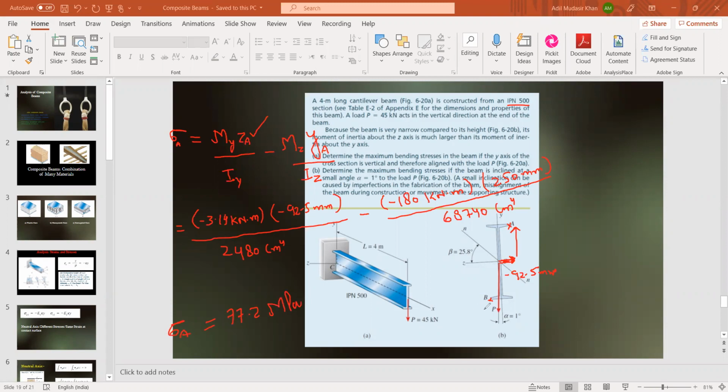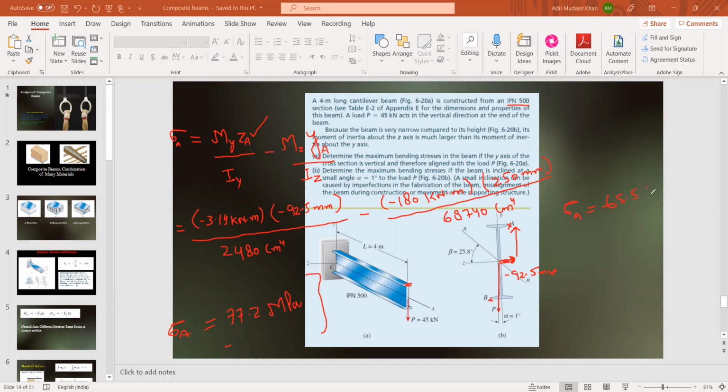The stress at point B will be the same as the stress at point A, but with a minus sign. Here it is tensile, here it will be compressive. Look what is happening. Initially, when the beam was not inclined, the stress at point A at the top surface was equal to 65.5 megapascal.